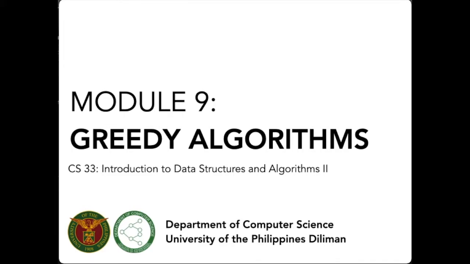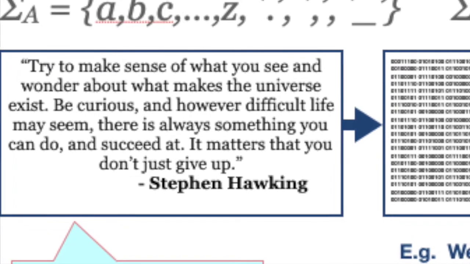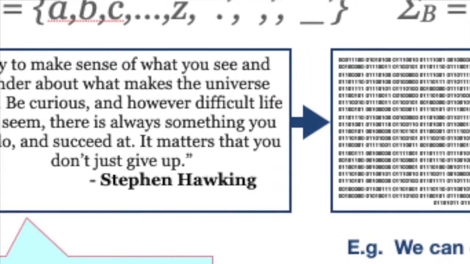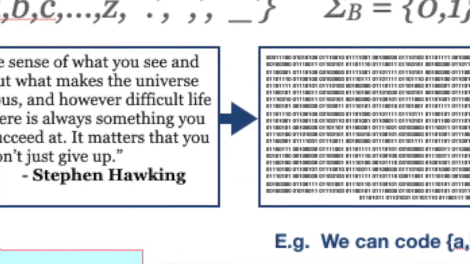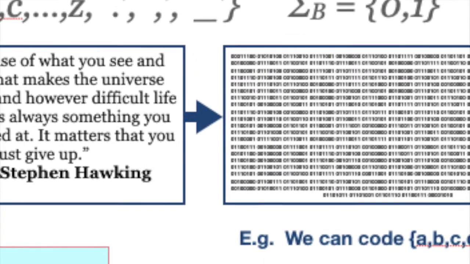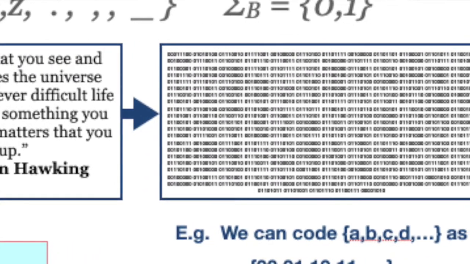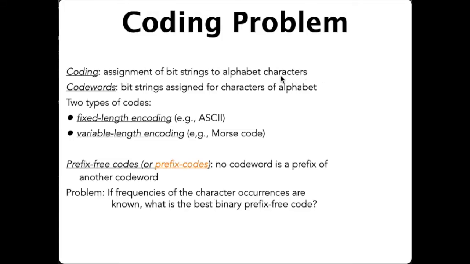So what is the coding problem? Coding is an assignment of bit strings to alphabet characters. One example of a coding problem is how can we represent the readable alphabets from A to Z or 0 to 9 to something that we can represent in computer memory using zeros and ones? So how can we represent each character uniquely?